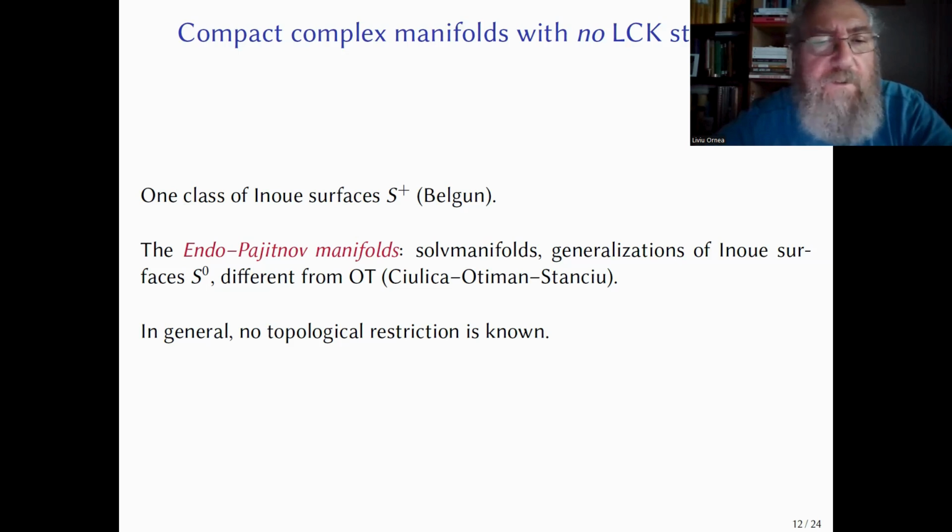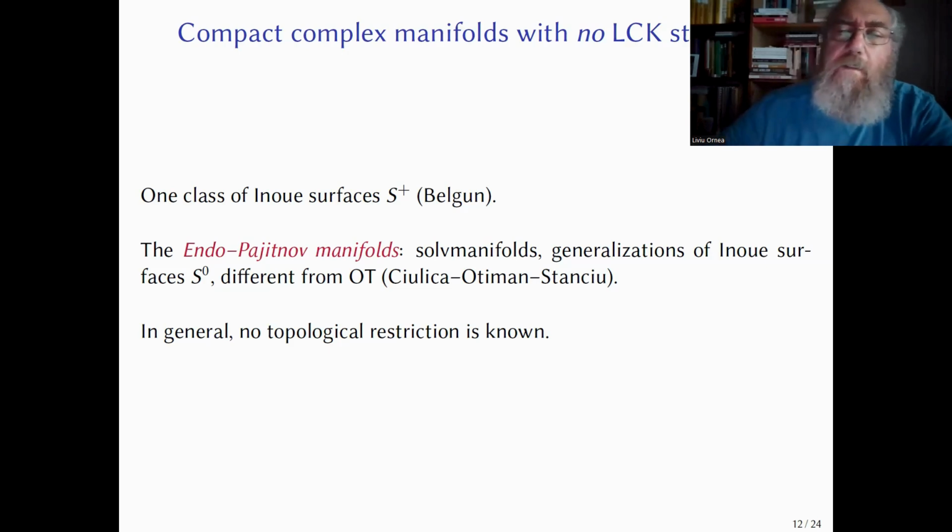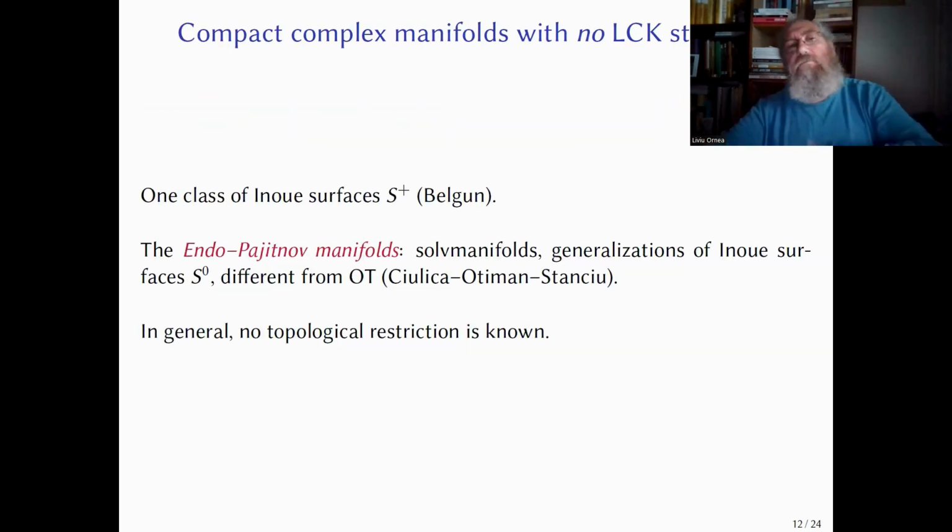And they are very interesting because they could prove that they can bear no LCK metric. Instead, they cannot have balanced metrics. Instead, they have pluriclosed metrics and other types. So this is for the moment what we know about having no LCK structure.